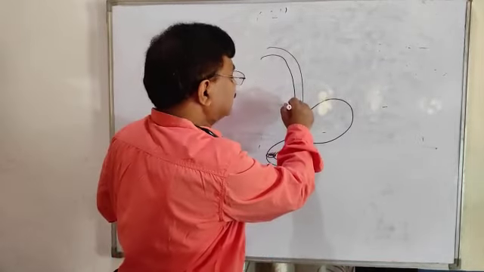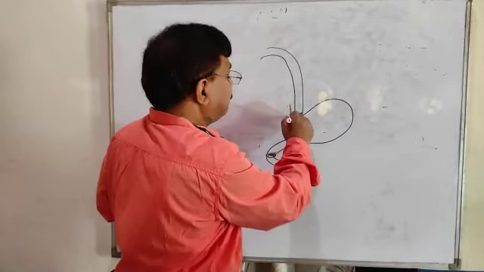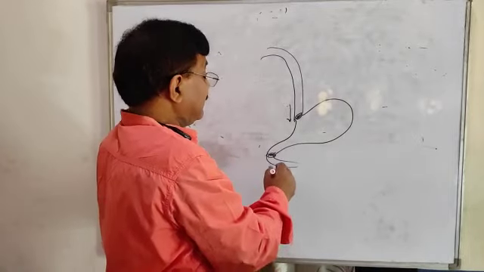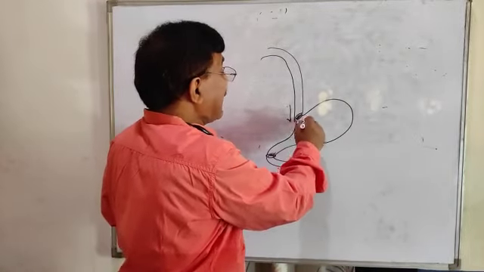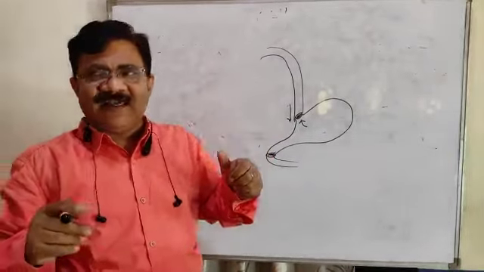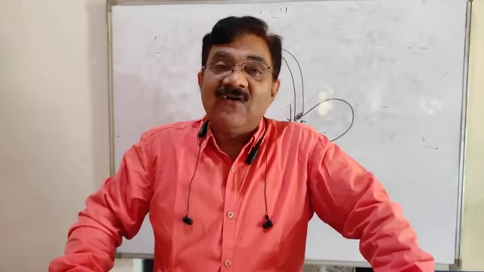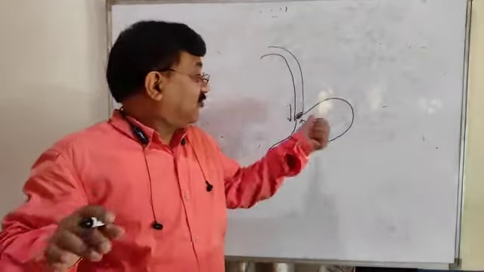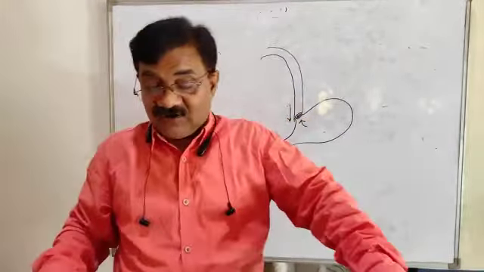It controls the passage of food from the esophagus to the stomach, and does not allow backflow of food. But sometimes due to overloading, there is backflow of food, and that is called vomiting.